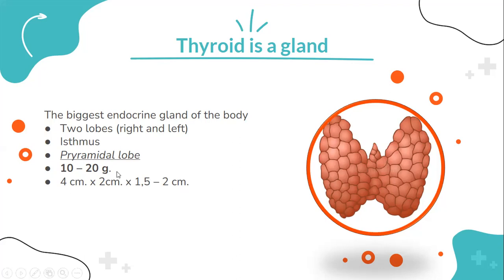The whole gland has a weight of from 10 to 20 grams. Okay, and this is important for your general practice that you're going to have later in your lives. And why is this important? Because when we ask for an ultrasound test of this organ, the report could be in two main ways.